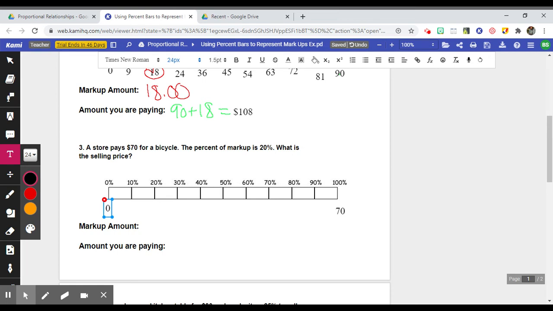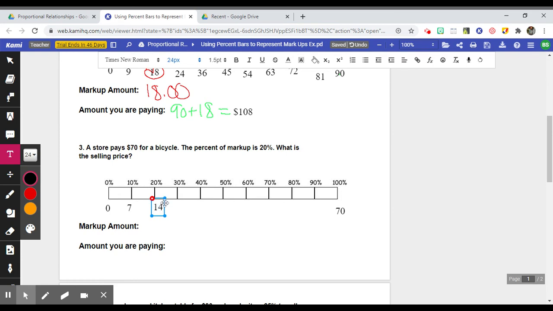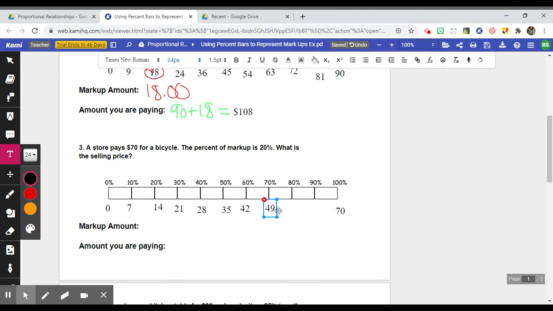So I'm going to go through here and count by sevens. Almost there. 56 and then 63.